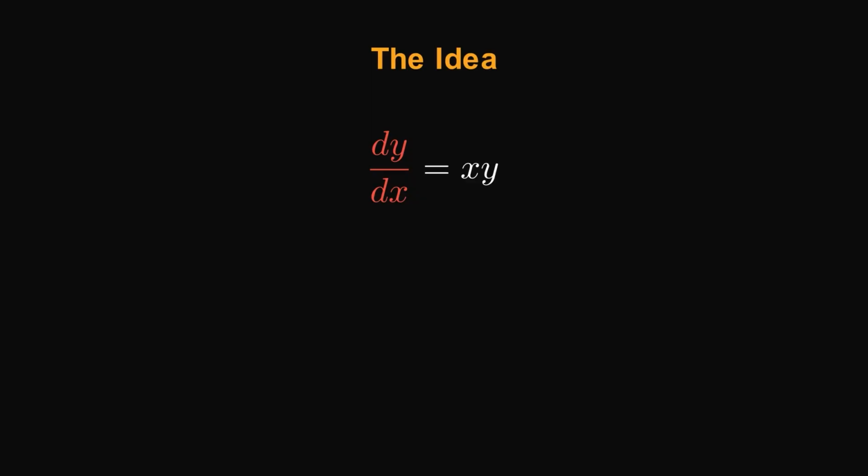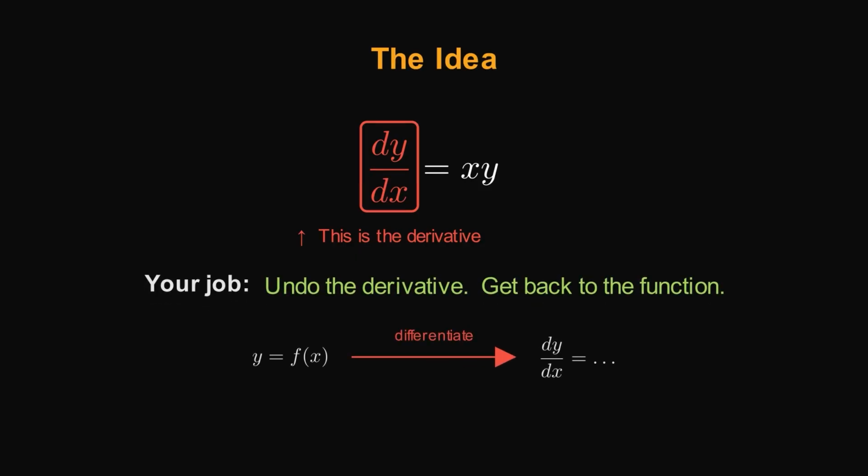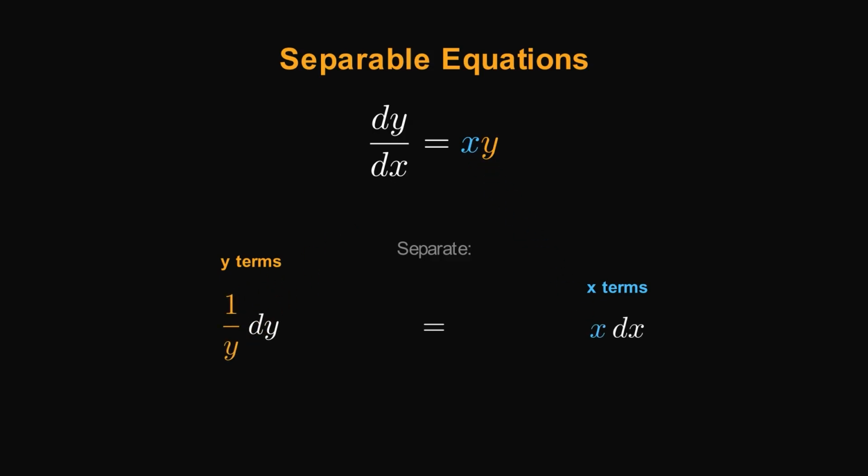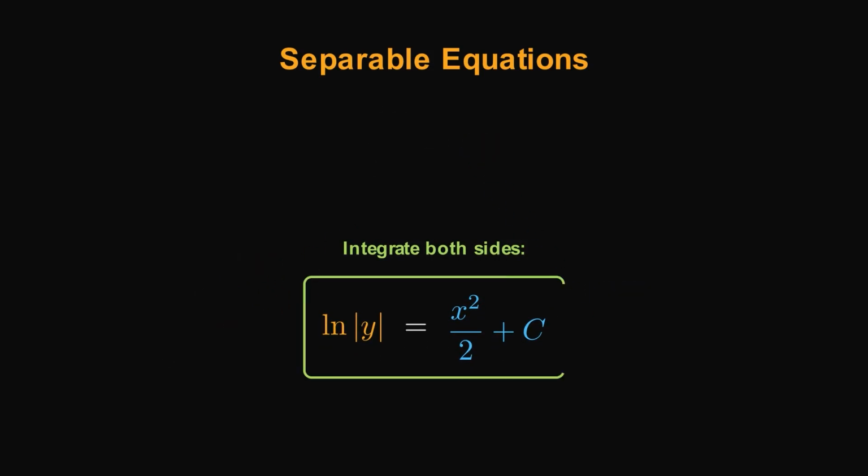All we have to do is solve an equation via integrating, and that's basically it. So your job is to undo the derivative in the equation and get it back to the function. The ones you're going to meet at A level are separable. So we're going to rearrange until every x is on one side and every y is on the other, and then we can integrate both sides independently.